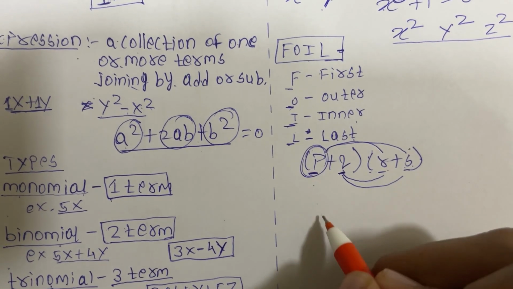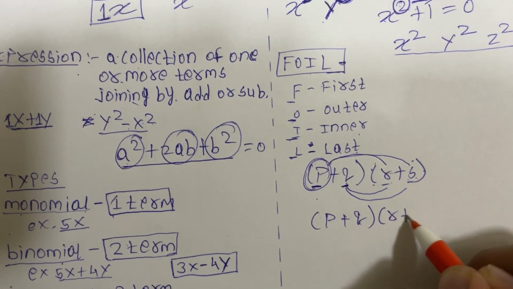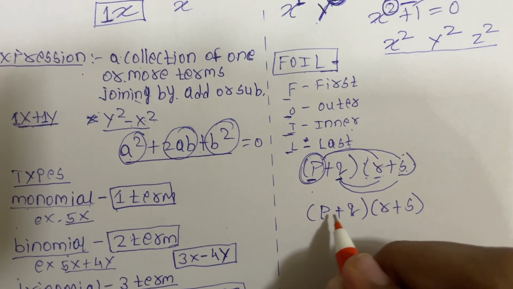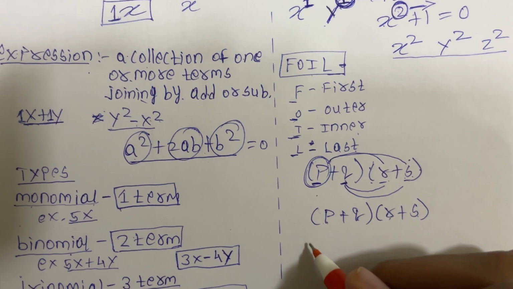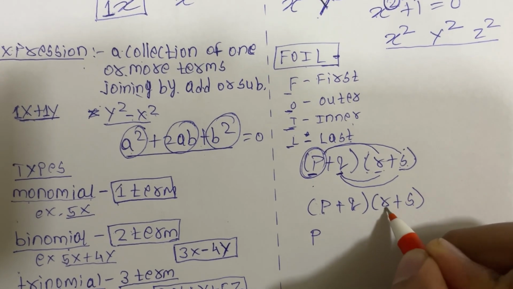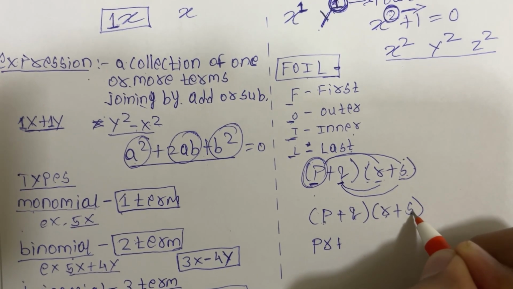For example, p plus q into r plus s, we have to solve this. First we take p and multiply with r and s. So p into r plus p into s.